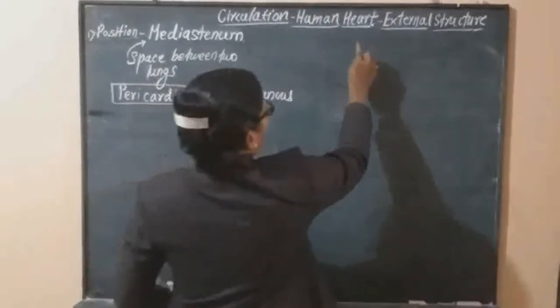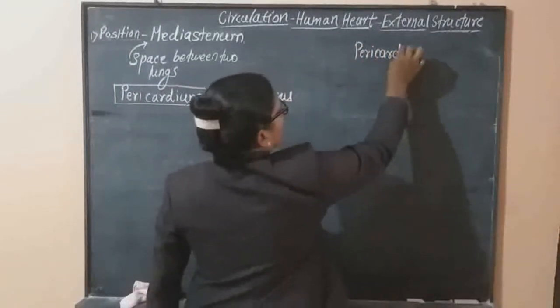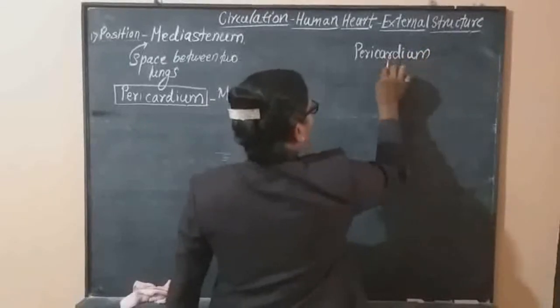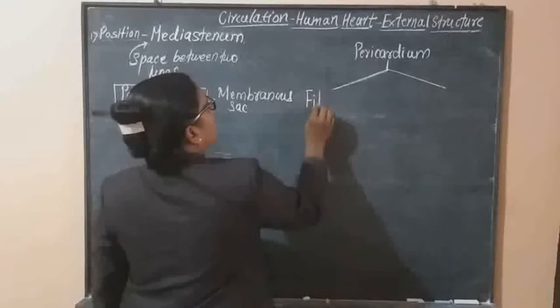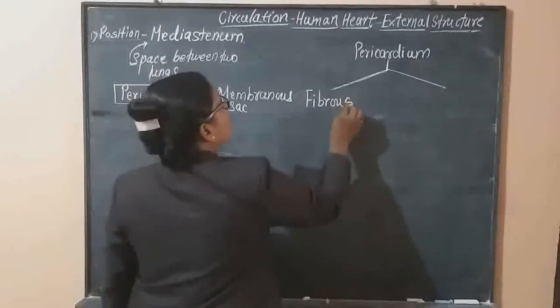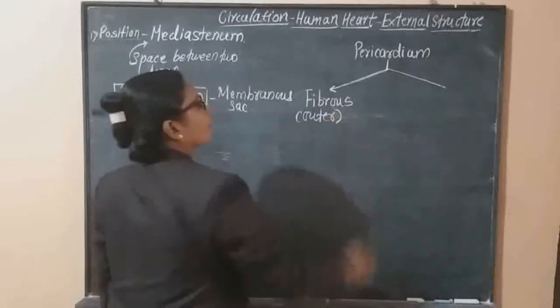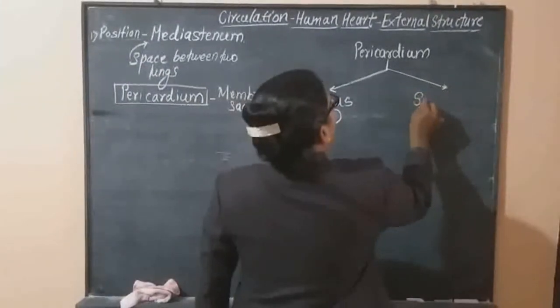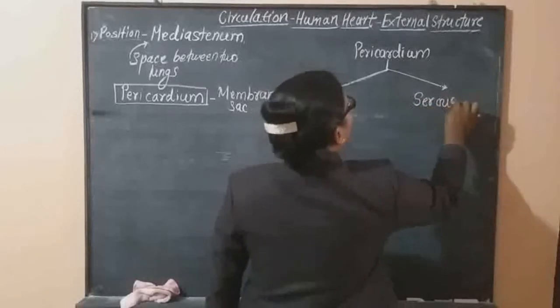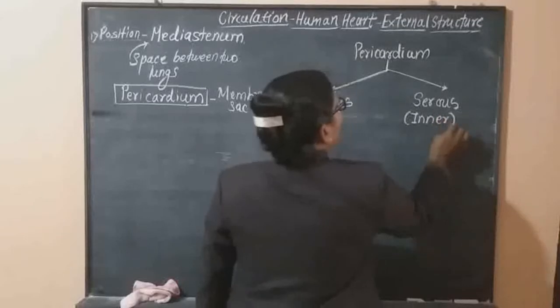The outermost layer is called the fibrous pericardium, and it is made up of fibers. The second layer is called the serous pericardium. It is somewhat soft and it is the inner layer.